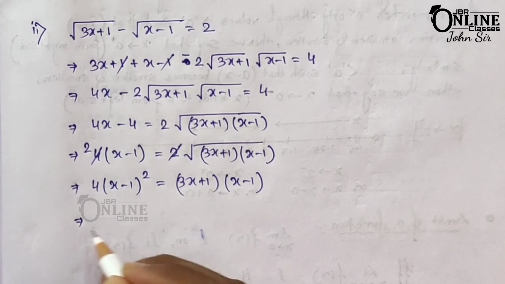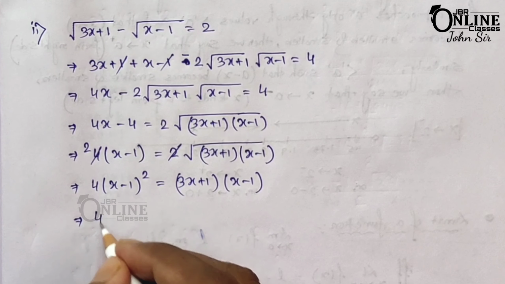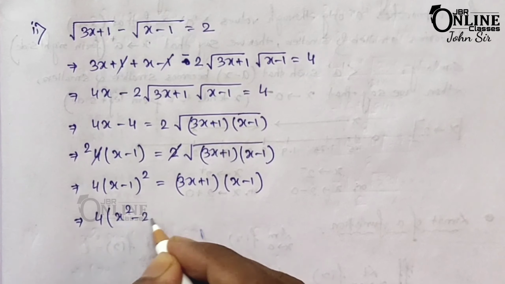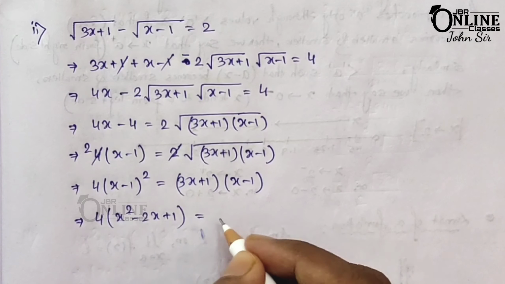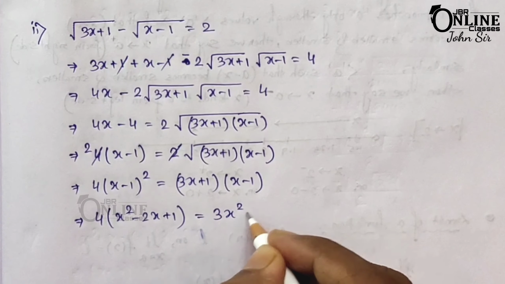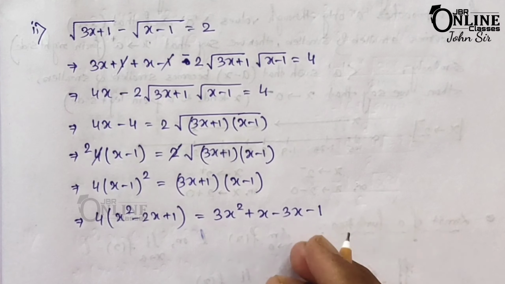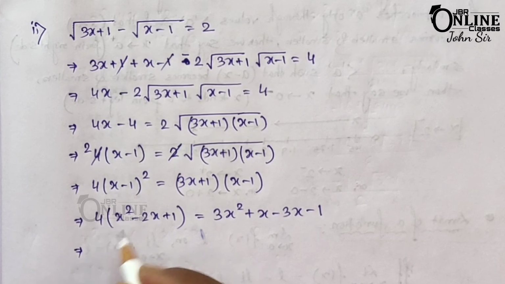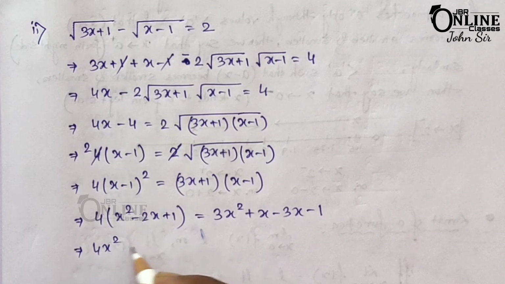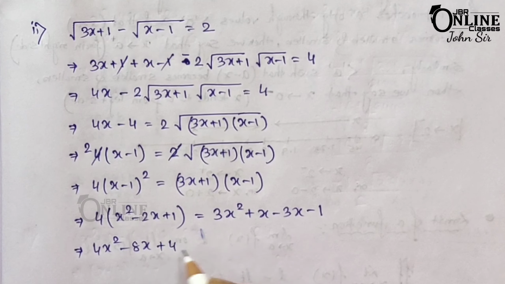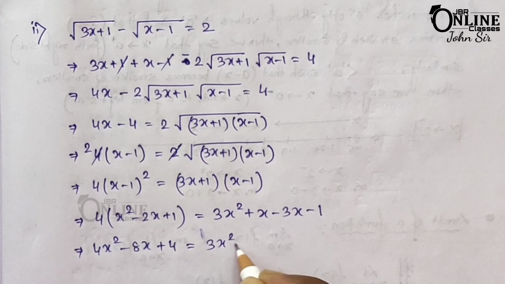Now you have to write down 4x² - 8x + 4, and this one will be 3x² + x - 3x - 1, so 3x² - 2x - 1.